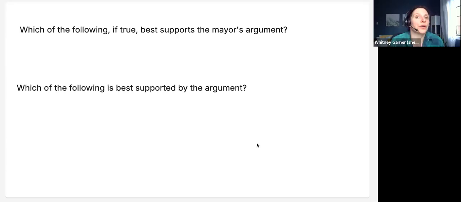Now, before it actually said the word inference, and so it was an inference. Does anybody know what that means, an inference question? If I'm meant to be drawing an inference. What does that mean, an inference question?